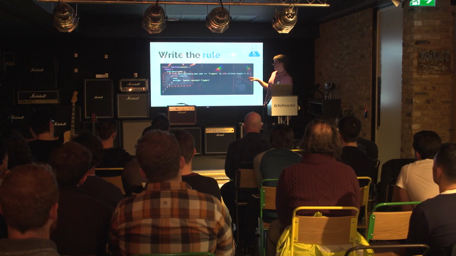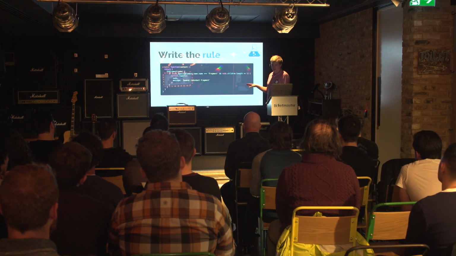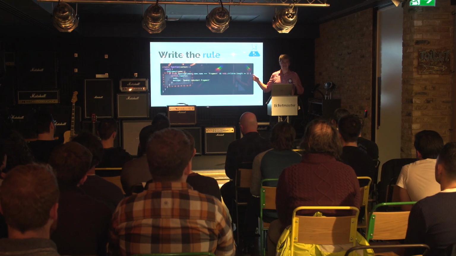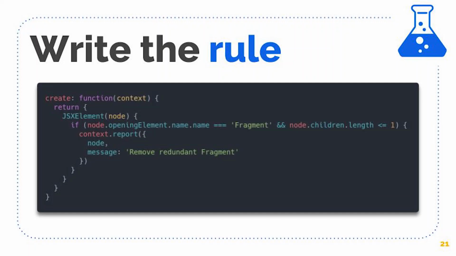So in our internal version, I've made a few further tweaks to this. Rather than reporting the error against the JSXElement, it actually looks nicer in your editor if you report it against just the opening element, so you don't highlight the entire thing. When the code is properly indented, the whitespace is included in the array of children, so we can just filter that out.